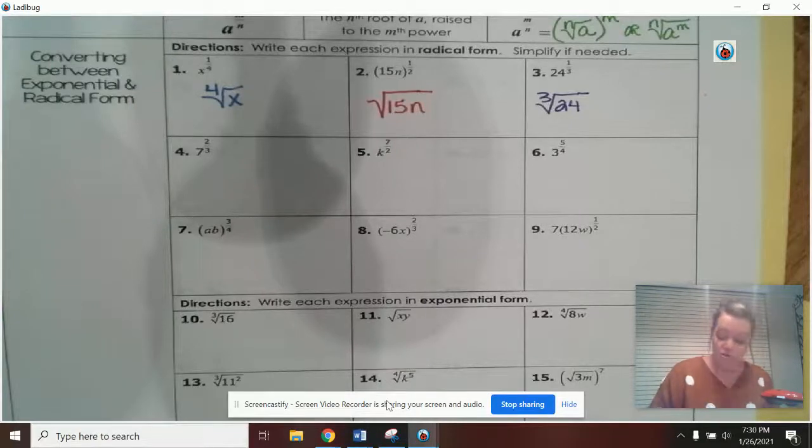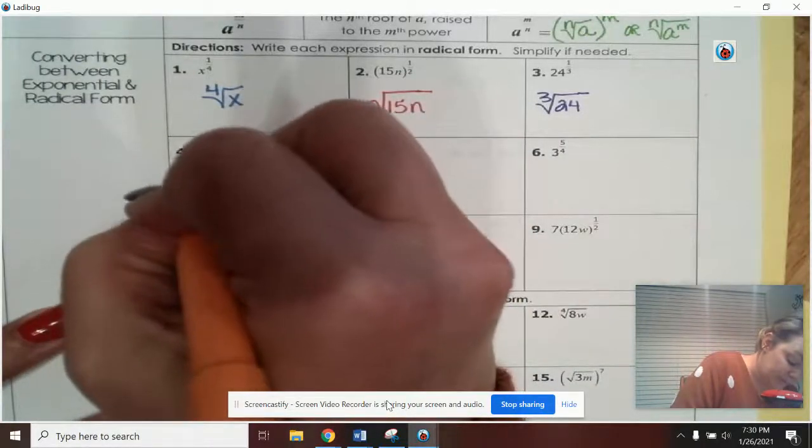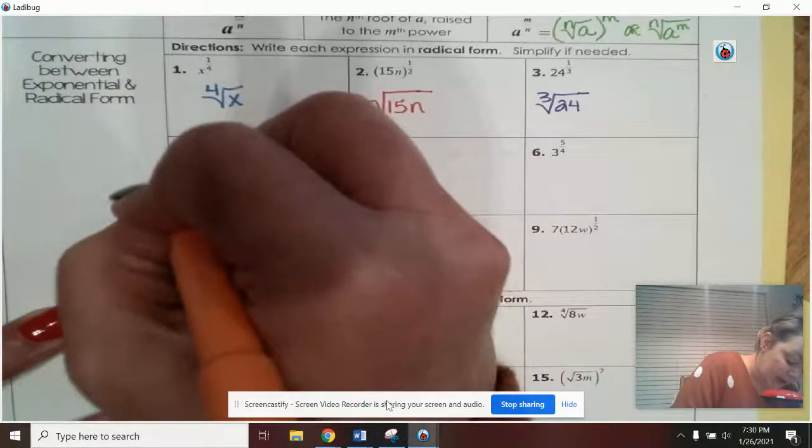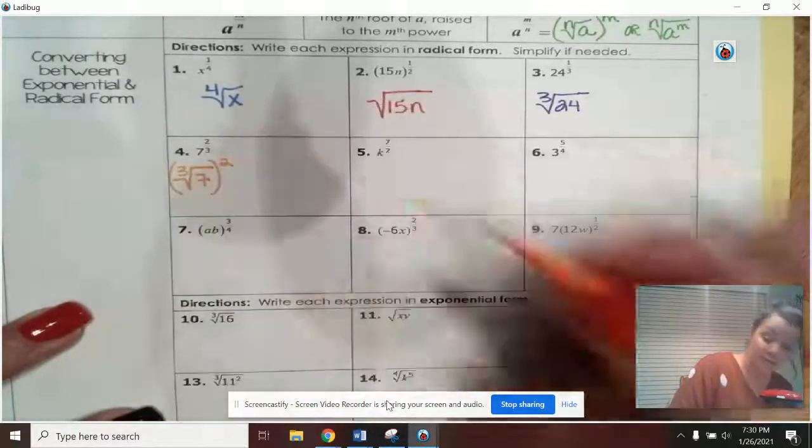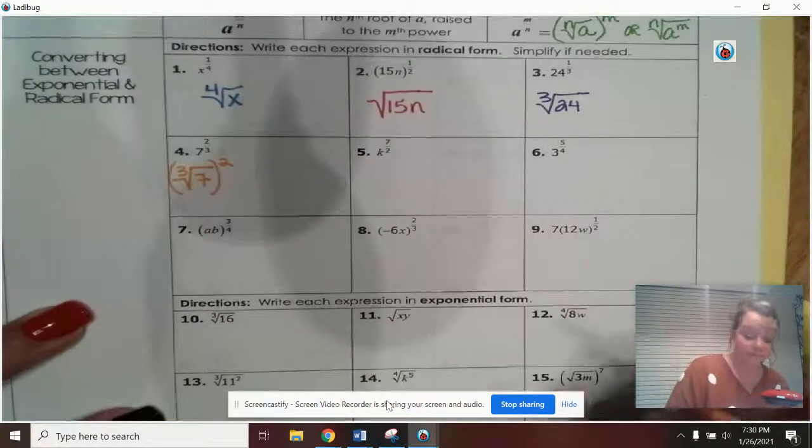7 to the 2/3. Well, the root is 3. The number on the bottom is always the root. So we can do this 2 ways. We can either write it the cube root of 7 and then square the whole thing, okay, and that's fine.